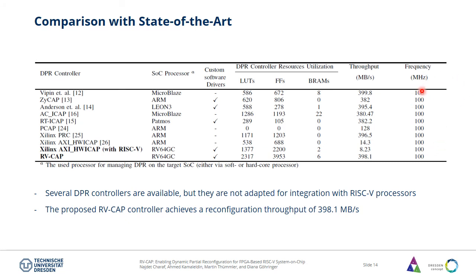In this column, we compared everything fairly at 100 megahertz. Comparing to the first line, we assume that the IPs we developed lead to an execution overhead that reduces the maximum achievable theoretical throughput by 1.9 megabytes per second. But nevertheless, with 398.1 we achieve a very high throughput rate for the configuration process.